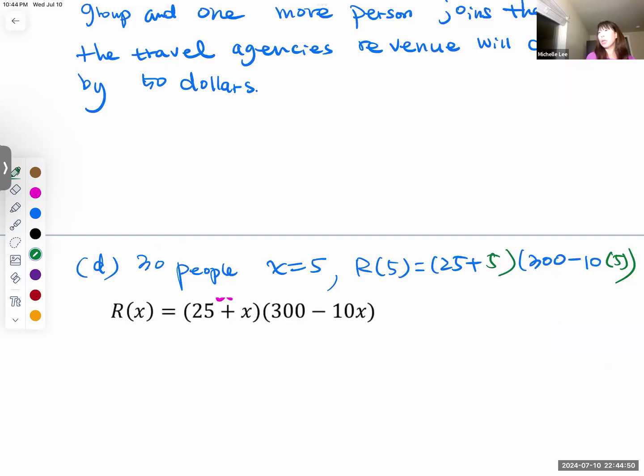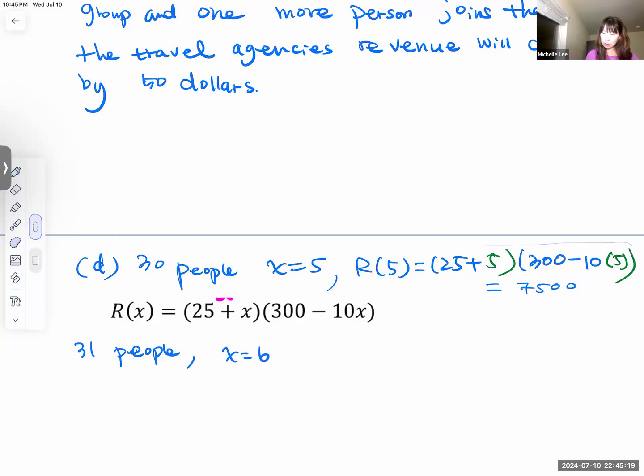If we calculate this one, we get 7,500. Okay, for 31 people, since 30 people was x equal to 5, in that case x equal to 6.